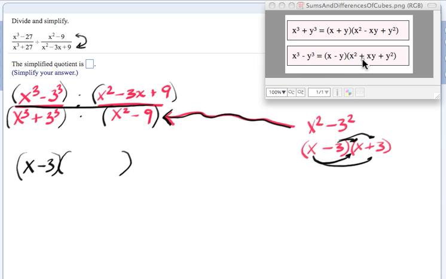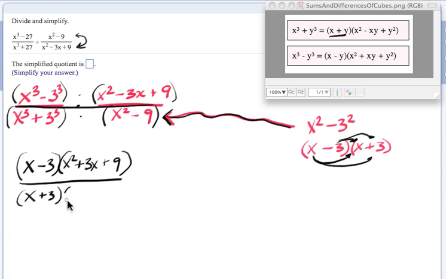And notice there's all pluses here, so let me get the pluses in. So we got the first term squared, and then we've got this last term squared over here, and then we just multiply these two together to get 3x. And on the bottom it's going to be nearly identical because we have the same numbers, except we have here this sum of two cubes, and you can see the binomial has a plus here.